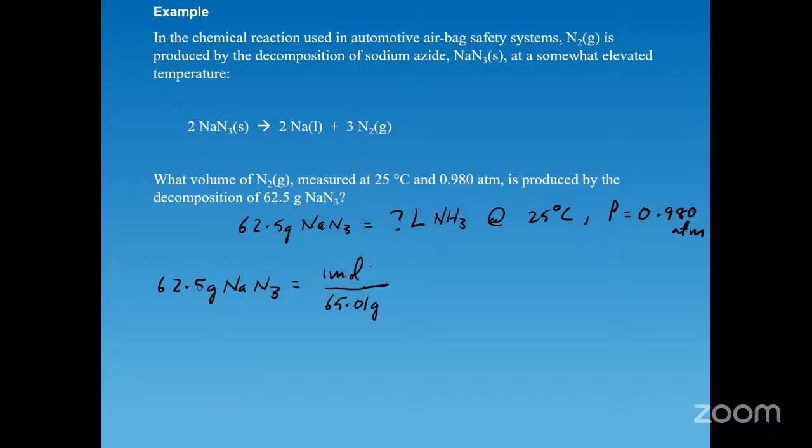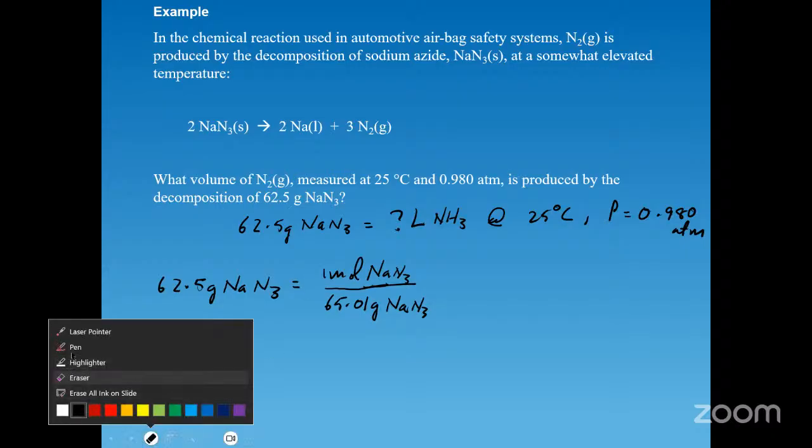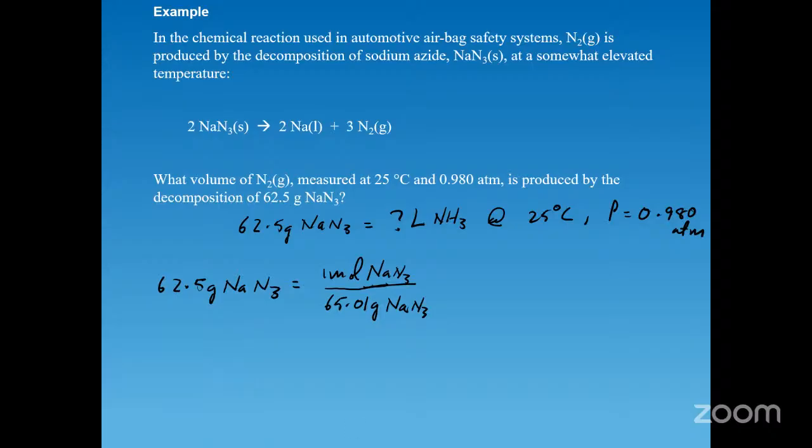So this would be for sodium azide, NaN3. Okay, so that's the first step, right? Basically, we're converting from grams of sodium azide to moles.